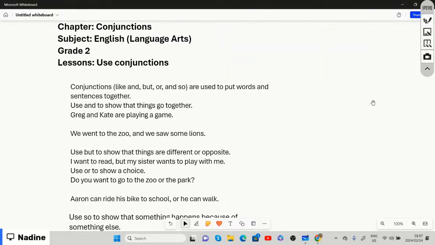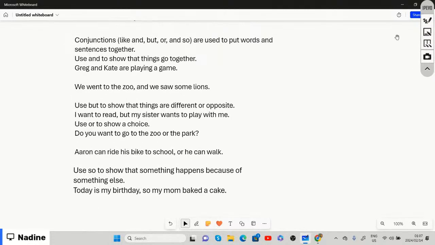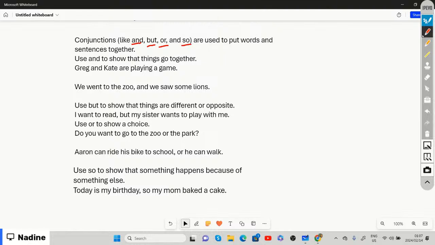All right, so conjunctions. Conjunctions are words like and, but, or, and so, right? Conjunctions are used to put words as well as sentences together. It's almost like saying it's a join. It's words that join sentences and words that join certain words.